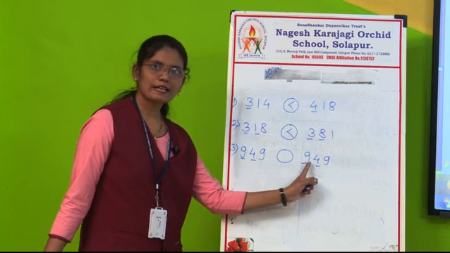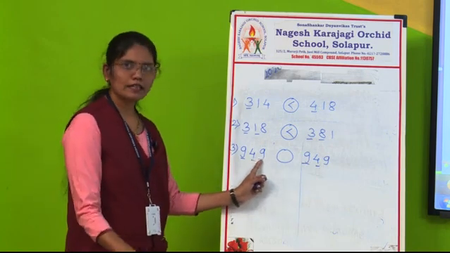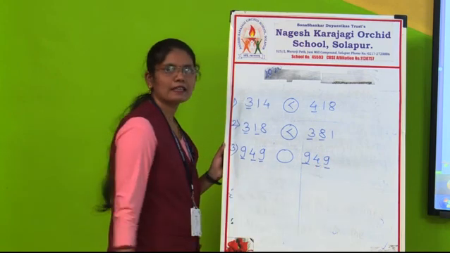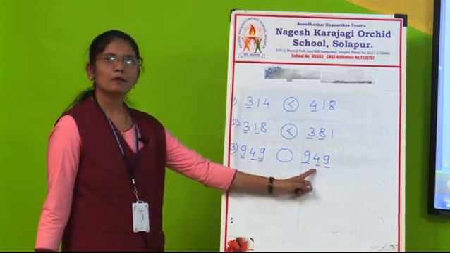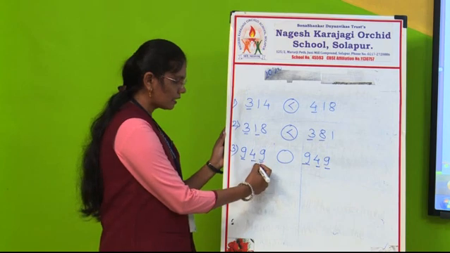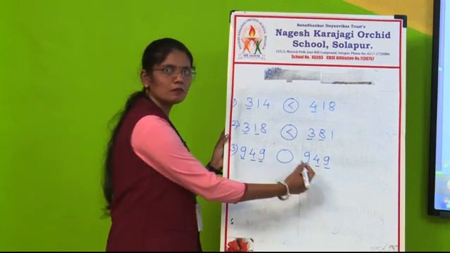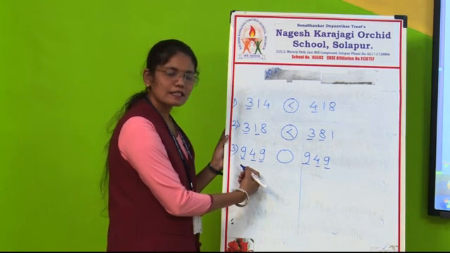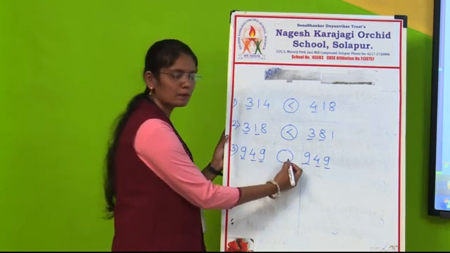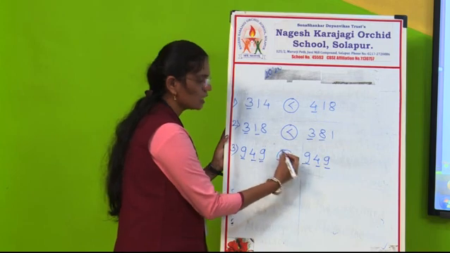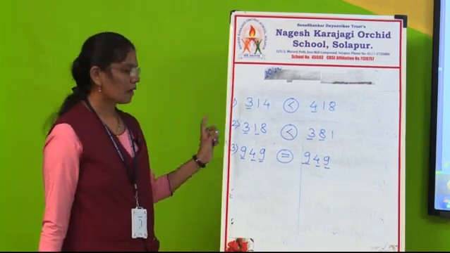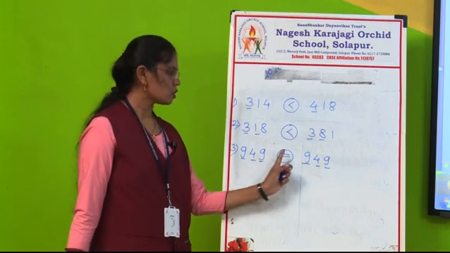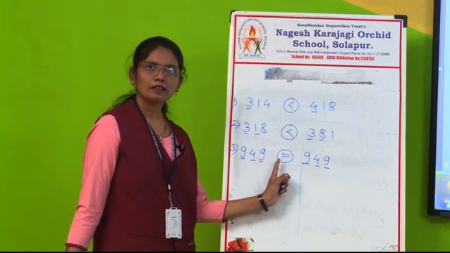So again go to the last digit, means at ones place here 9 is there and here also 9 is there, means at hundreds, tens and ones place, everywhere on both sides the digits are the same. So which sign should come here? Yes, of course the equal to sign should be there. Why? Because both the numbers are equal, both the numbers are the same. So this equal to sign should be there.